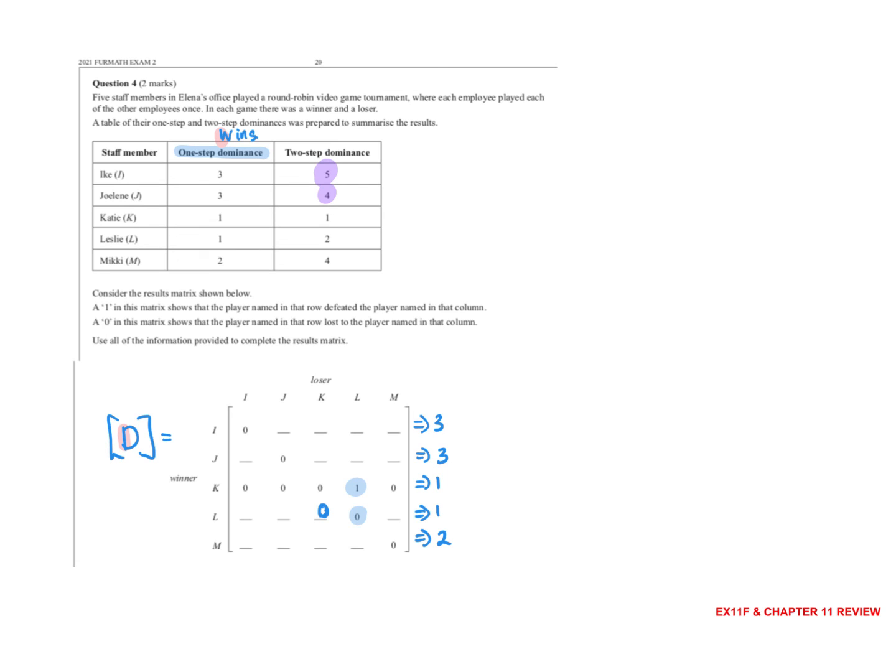The other thing I looked at when I did this is that you have Leslie only winning one game. So Leslie's got to win one along here. Because Ike's got a lot of two-step dominance, probably not Ike and probably not Jolene.